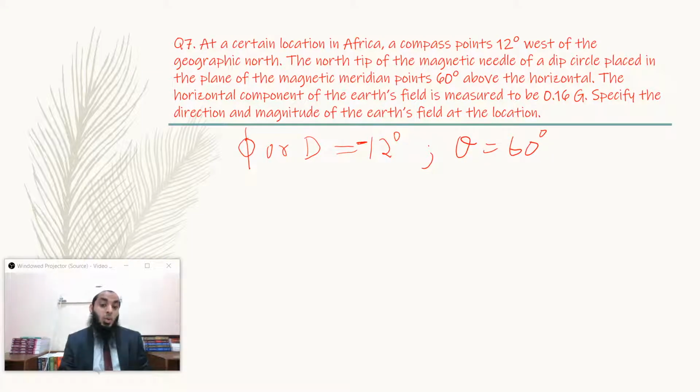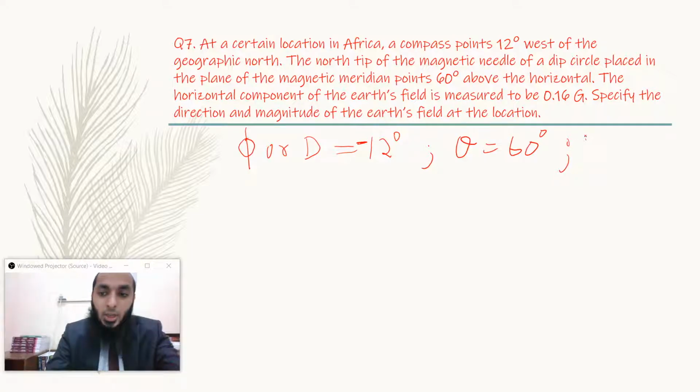Now let's proceed. The horizontal component of the Earth's field is measured to be 0.16 Gauss. You remember when in the beginning of the previous video I had discussed that the magnetic field is around 1 Gauss, which is 10 raised to minus 4 Tesla. So yes, this is the horizontal component which they are talking about, and the horizontal component is 0.16 Gauss.